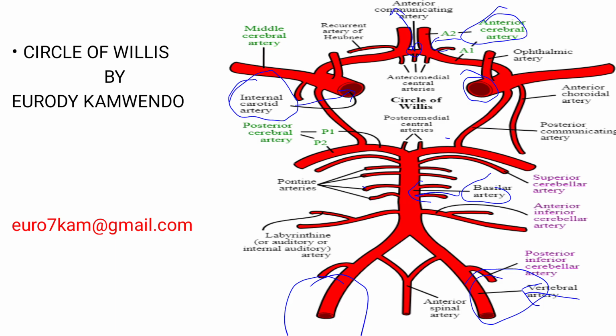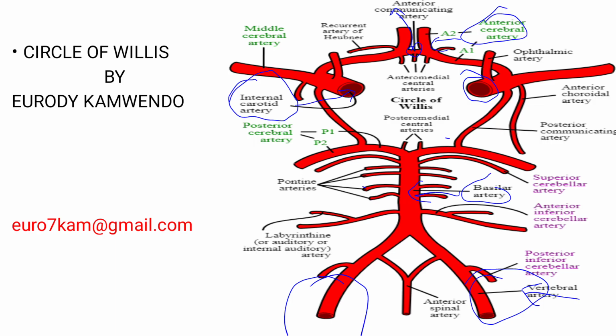The anterior communicating artery itself is just a short artery, like you can see on the diagram, which connects the left and the right anterior cerebral arteries, forming the frontal portion of the circle of Willis.